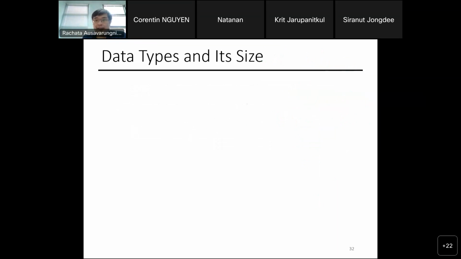And then data types. Each data type has its own size, right? For example, in modern C, integer is 4 bytes. You can have a short integer, which is 2 bytes, or a long integer, which is 8 bytes as well. You can have the character, which is 1 byte. But the size sometimes depends on the generation of the compiler and the generation of your chip.